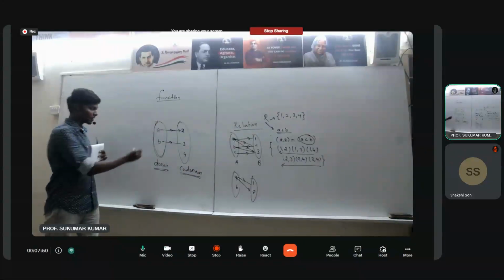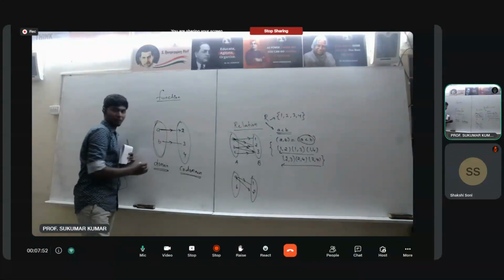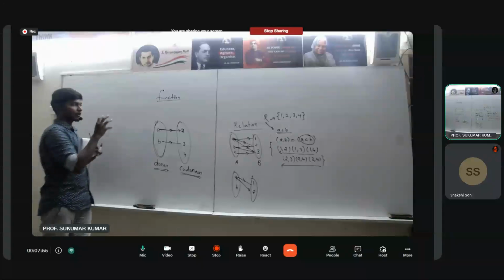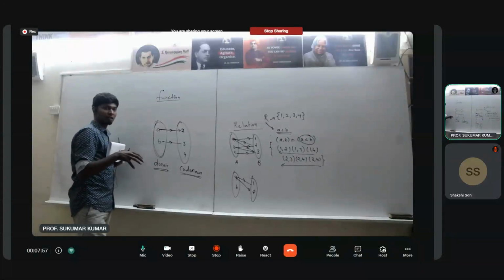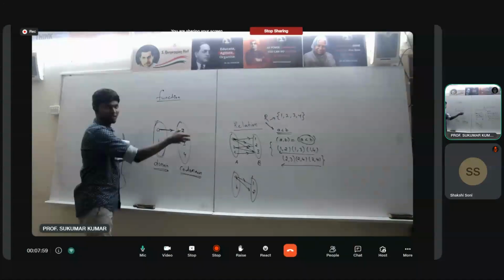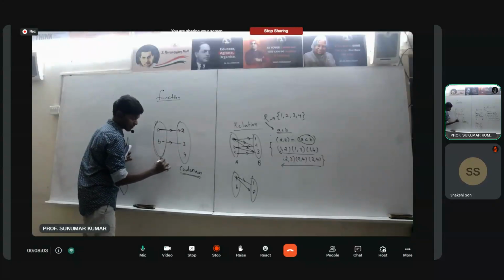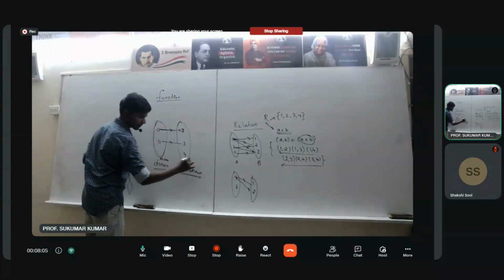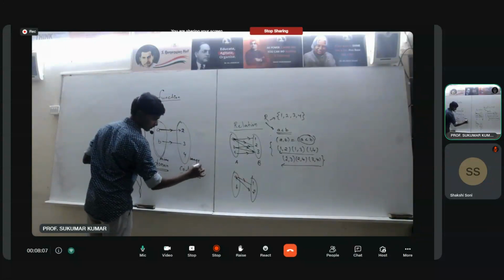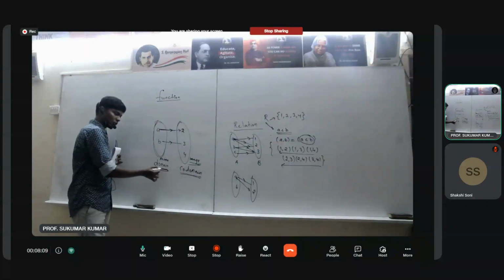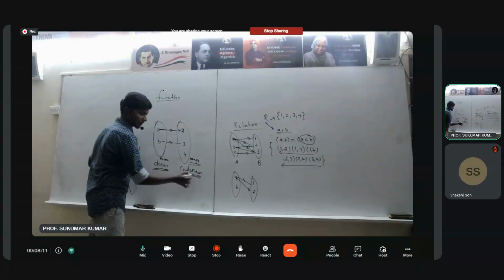But function has only one arrow from the respective element. That is why the definition of a function always says it has a unique image. This is the pre-image element, and this is the image element. These are domain elements, and codomain elements.